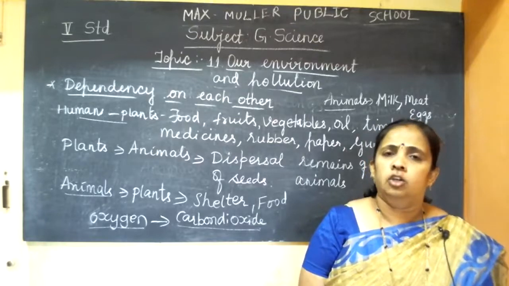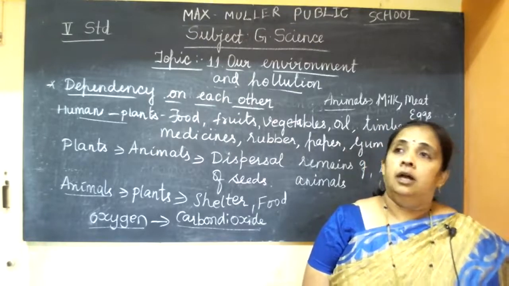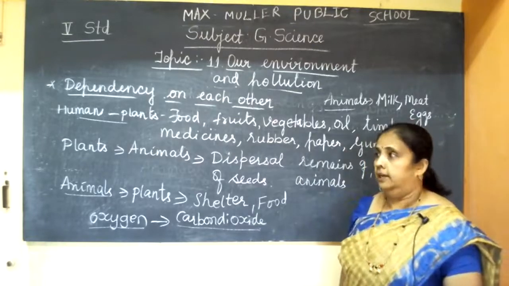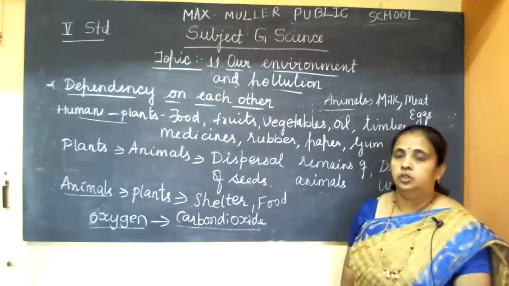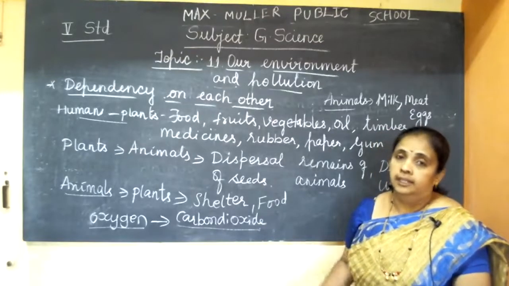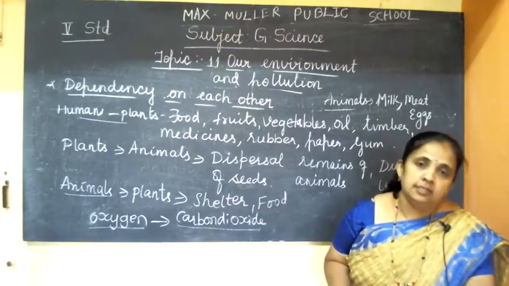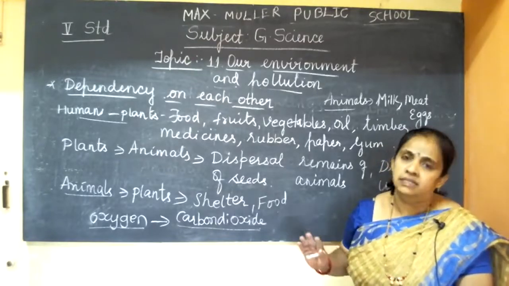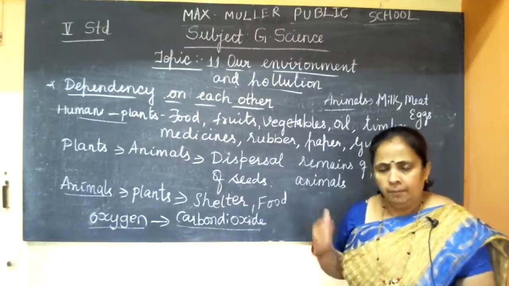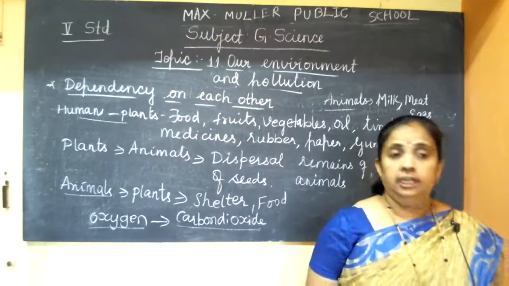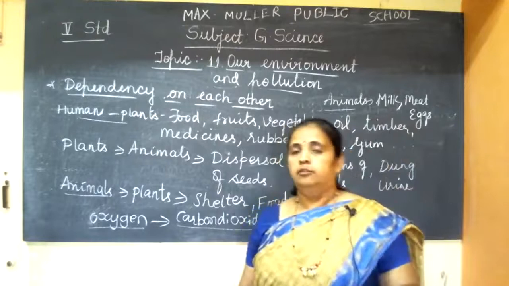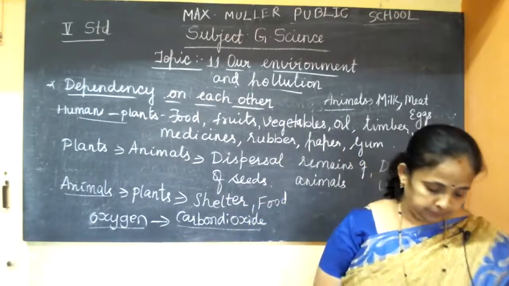And for the skin, for the leather of the animals, he is killing all the animals. So plants are not there, animals are not there. So that balance will not be there. So man is one of the reasons for affecting the environment.